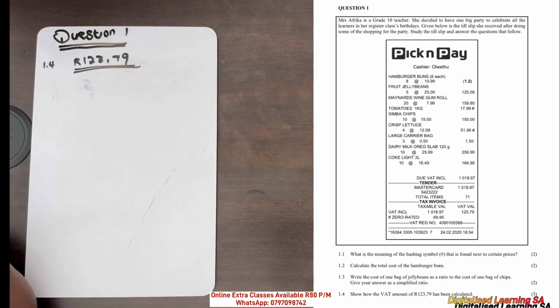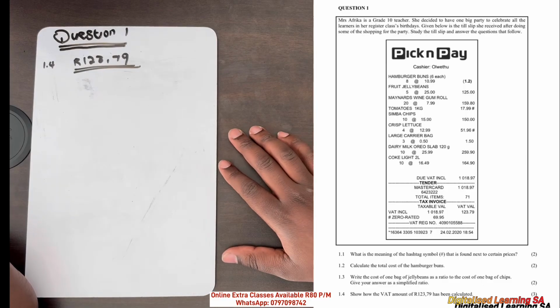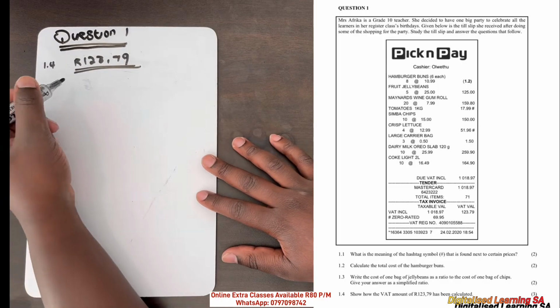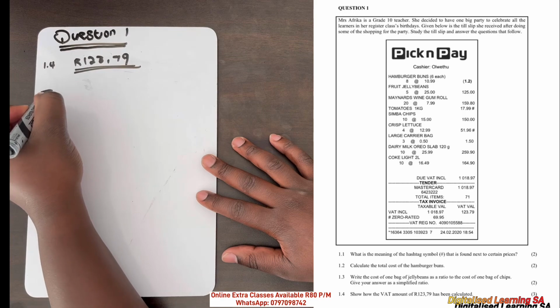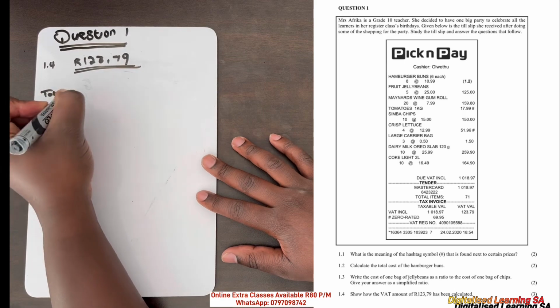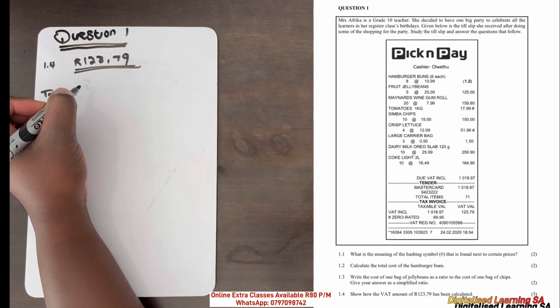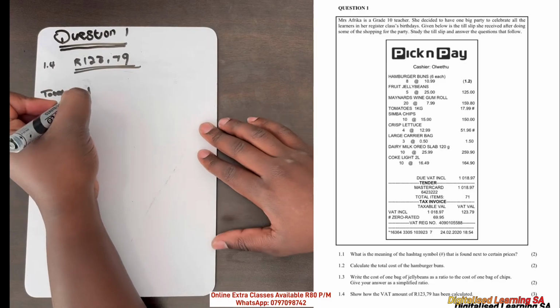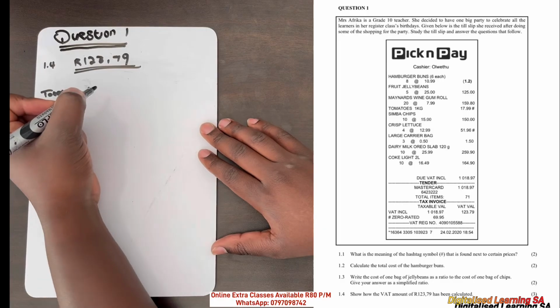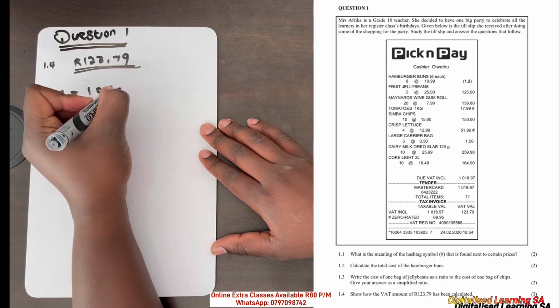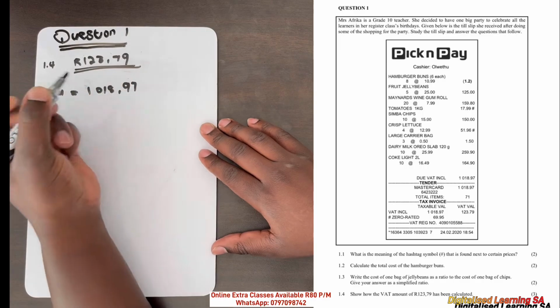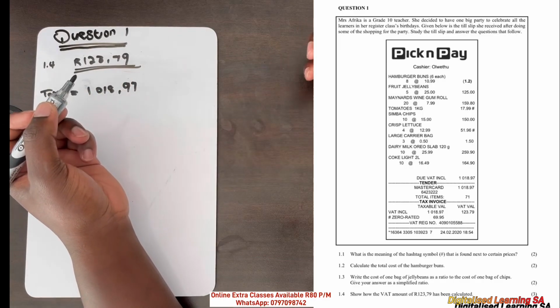If we look at our slip, we can see that the total amount paid by Miss Africa was 1,018 Rand 97 cents.